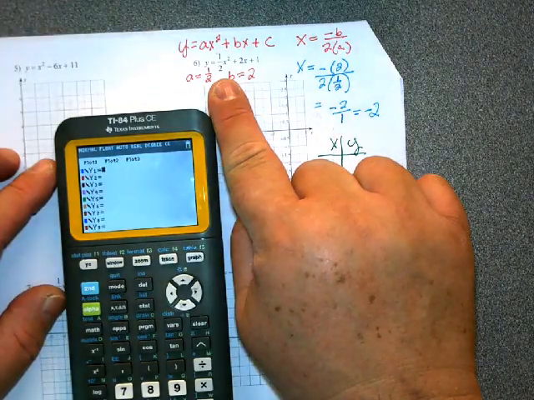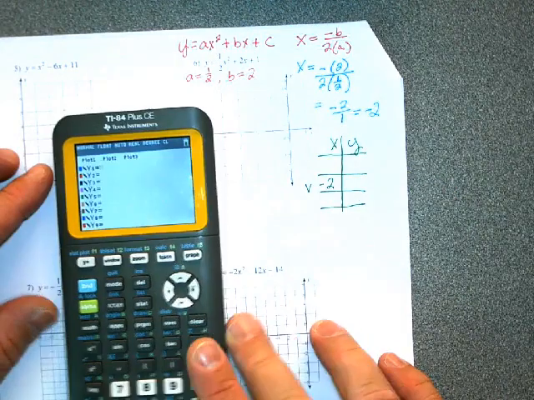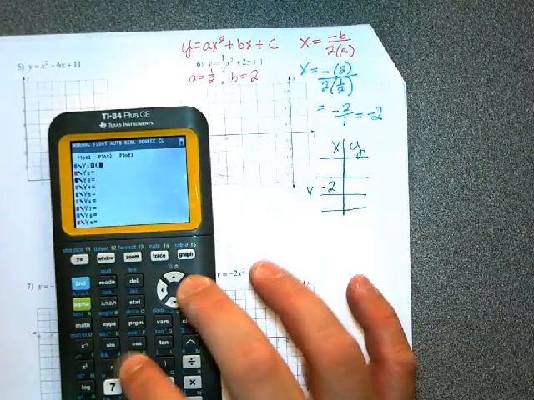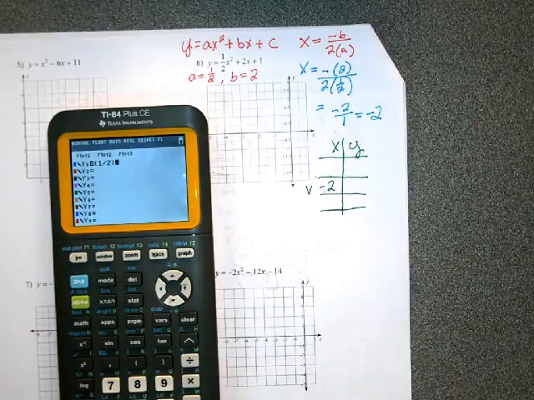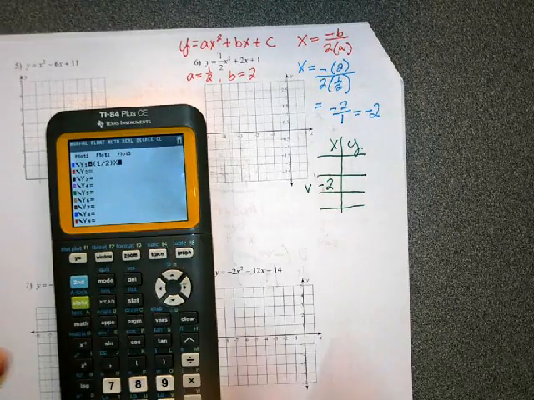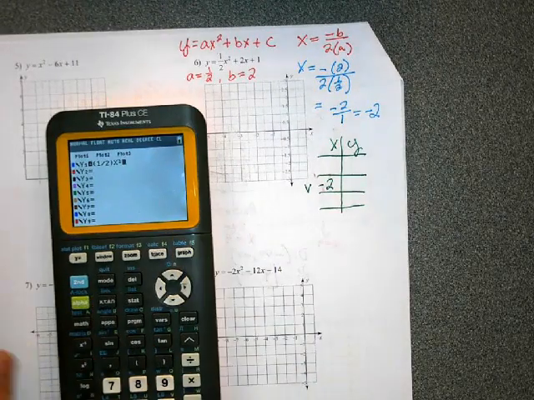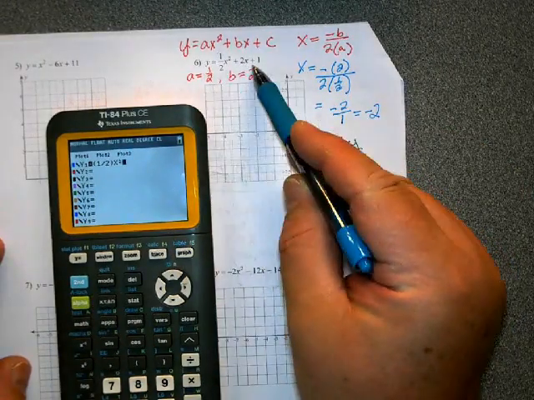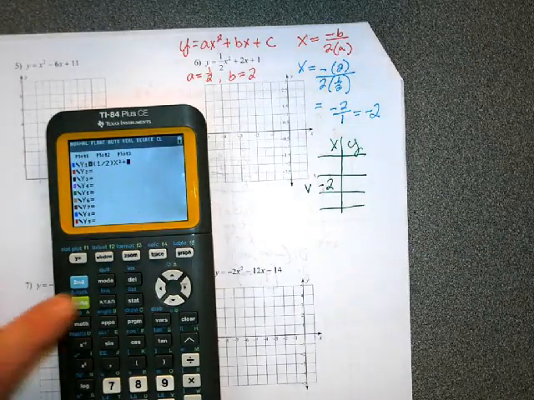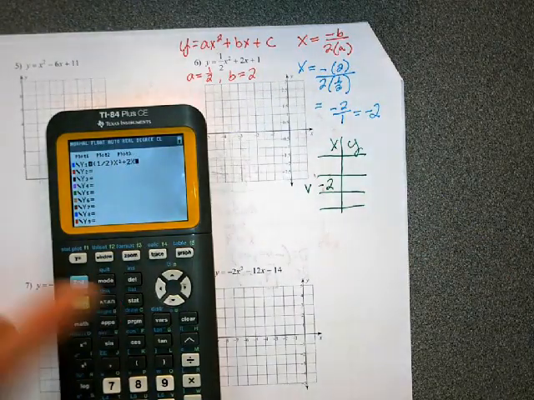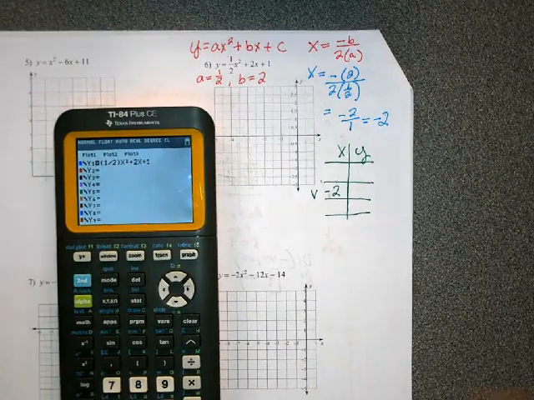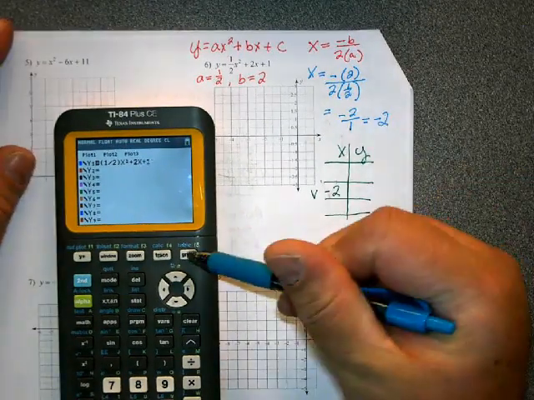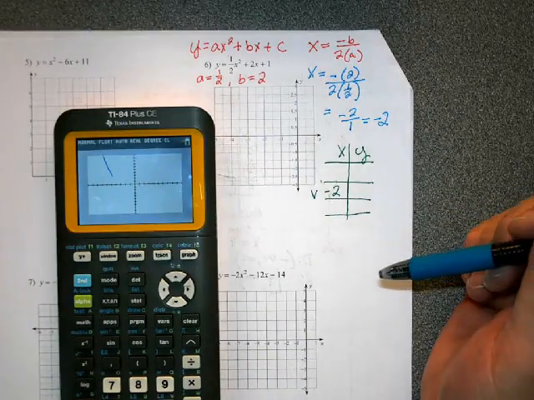So I have 1 divided by 2, close that parenthesis, times x squared, plus 2x plus 1. And again, I don't even care if I see this parabola because I want my table. I'm going to hit graph. Actually, I'm going to be able to see it. And give your calculator a second or two.